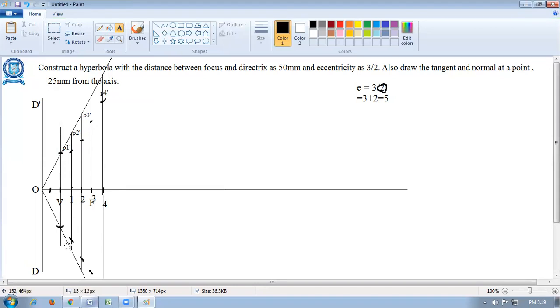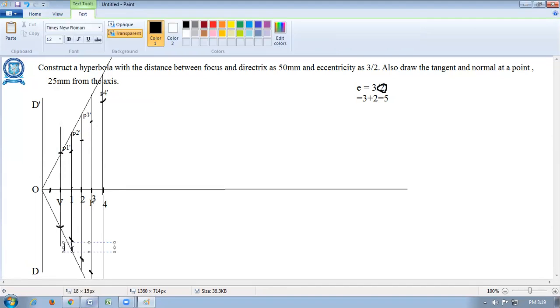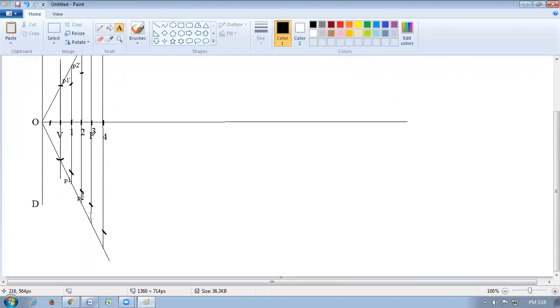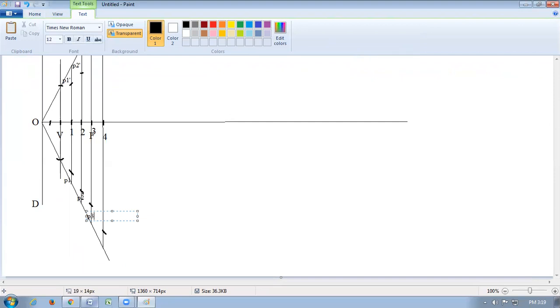In the same way, mark here P1, P2, P3, P4.